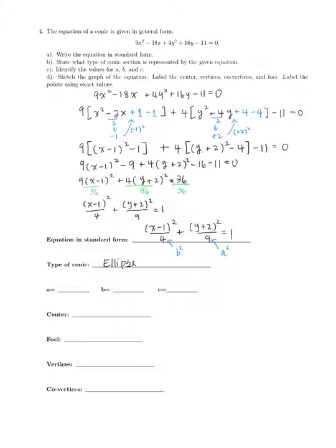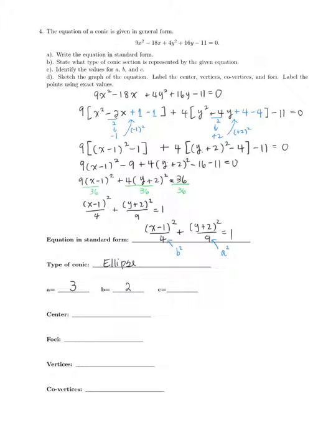If you look at the formula sheet, a should be what? 3? You can just look at a squared equals 9, so a had better be 3. b had better be 2.